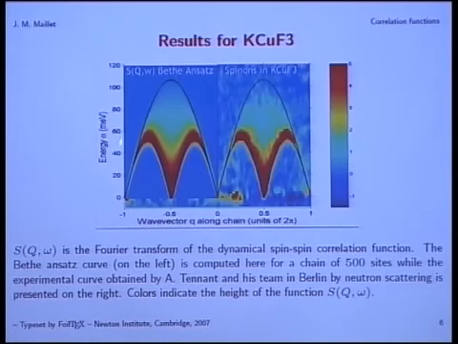The envelope here is the envelope inside which you have the eigenstates for the chain, the spinons. The value of the function is given by the color. For example, blue means the function is 0, and dark brown, or red, is when the function is maximum.